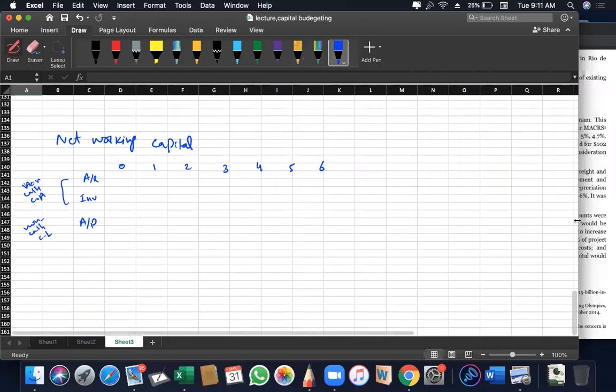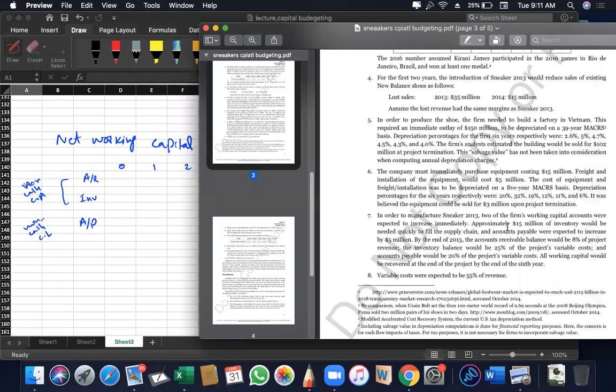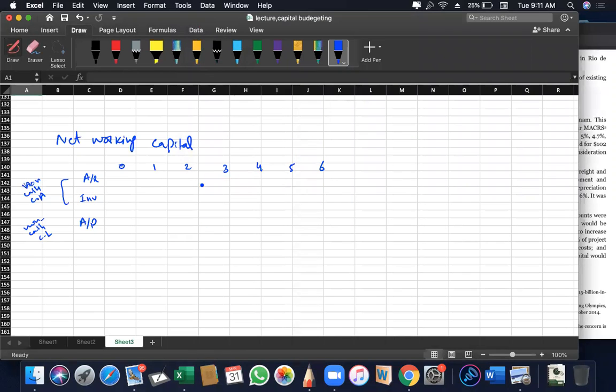As per the question, approximately 15 millions of inventory would be expected needed quickly to fill the supply chain, and accounts payable are expected to increase by 5 million. So at point 0, we need 15 millions inventory and 5 millions accounts payable.